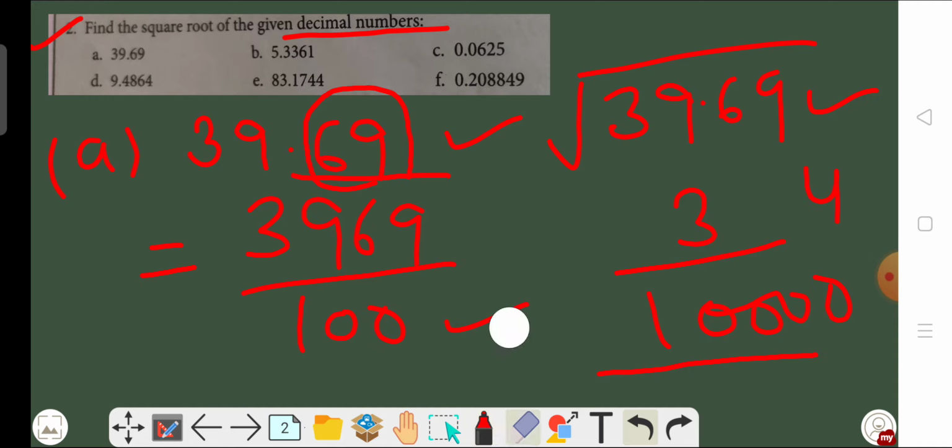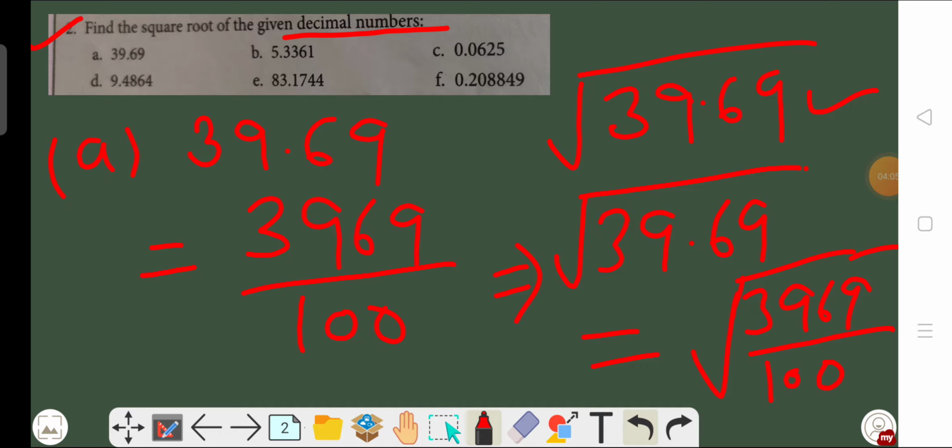So 39.69 is equal to 3969 by 100. So this implies that square root of 39.69 is equal to square root of 3969 by 100, beta.